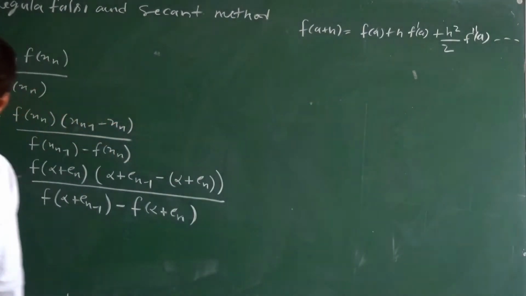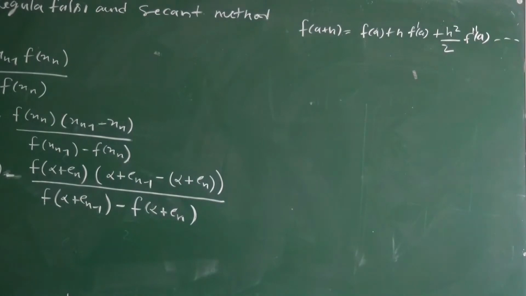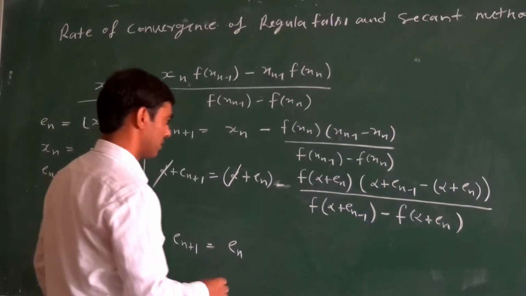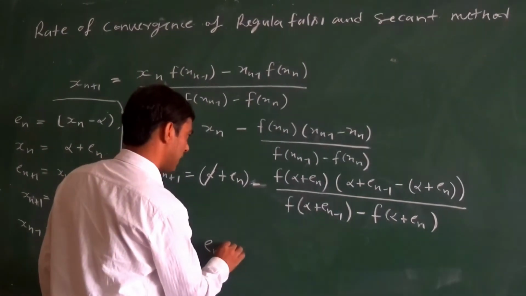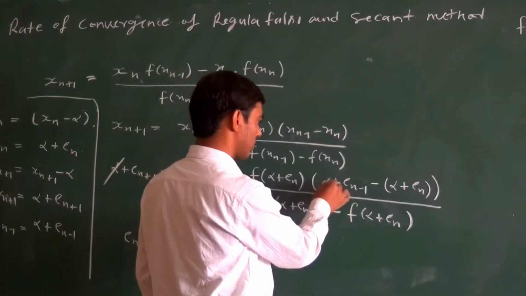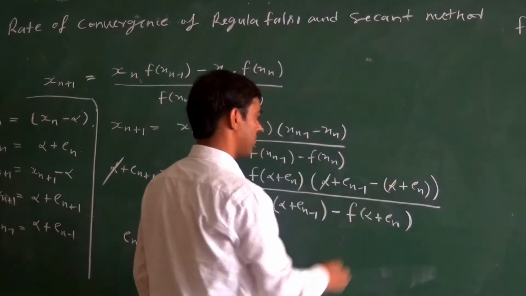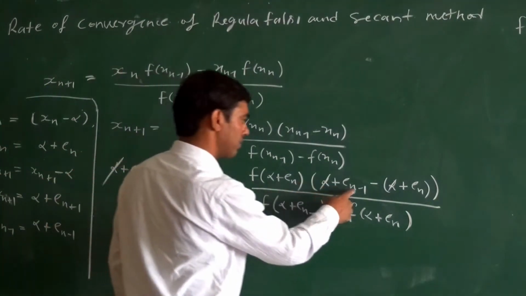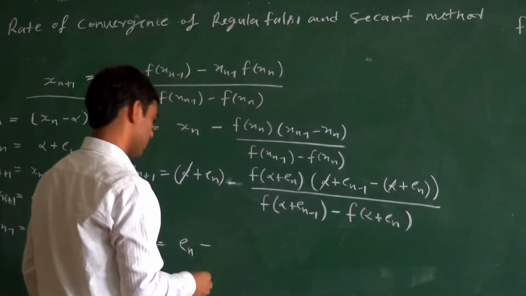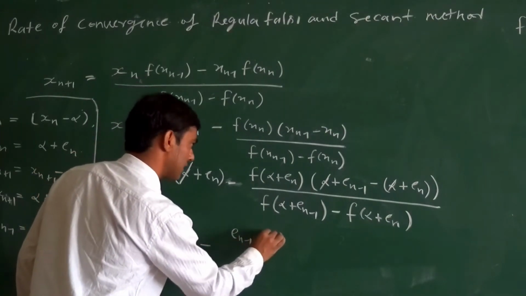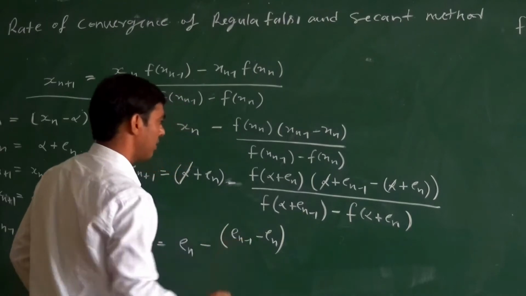So here we only write two terms. E_n minus f(alpha plus E_n). Here alpha and minus alpha cancel out, and this becomes E_{n-1} minus E_n.